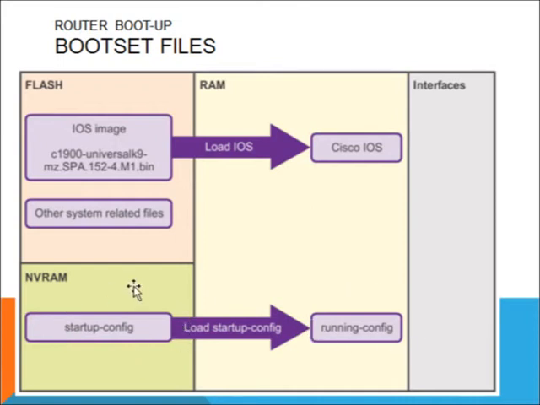So this startup config is a set of commands or settings that reside inside the router, and they will be loaded onto the router so that the router will know how to operate itself when it powers up.